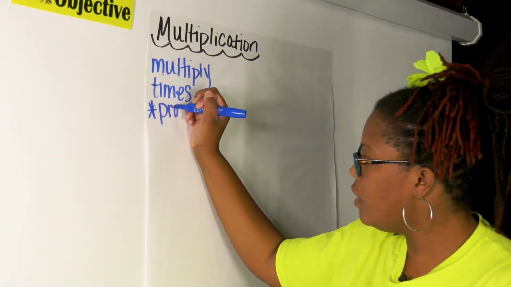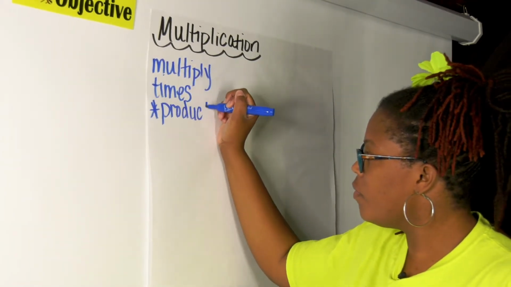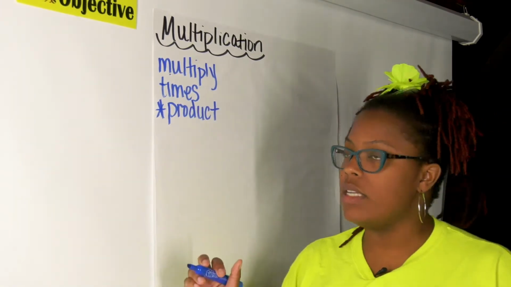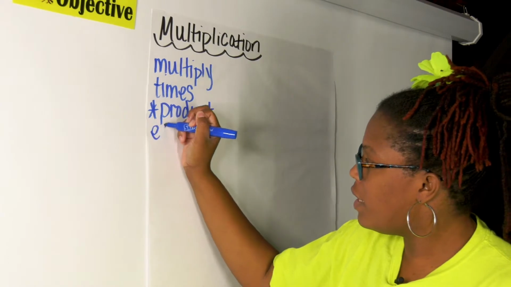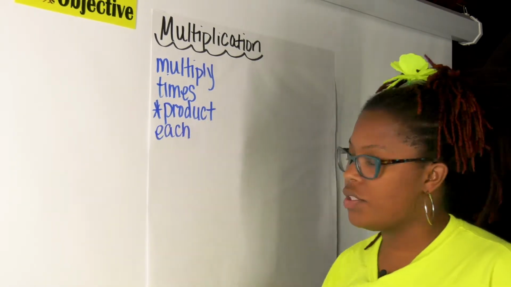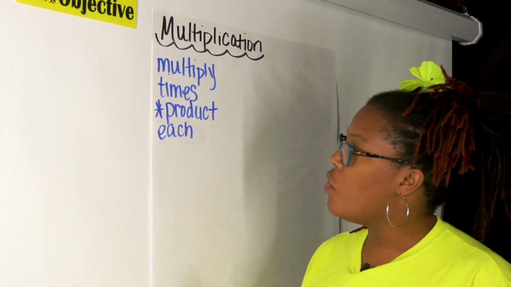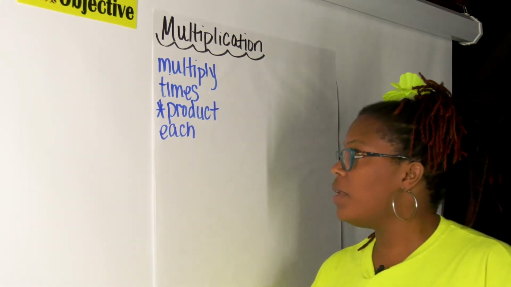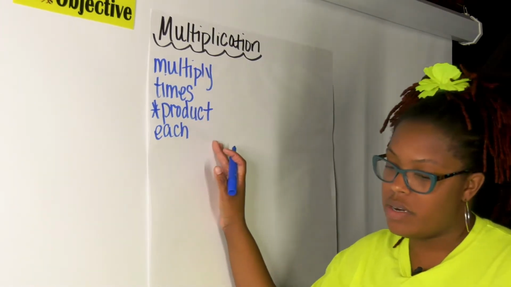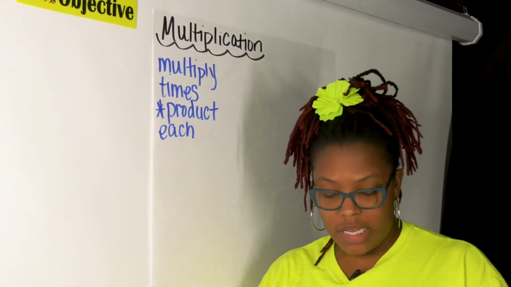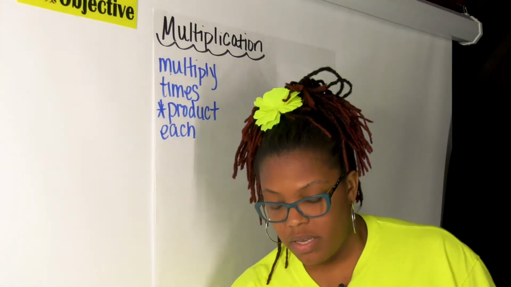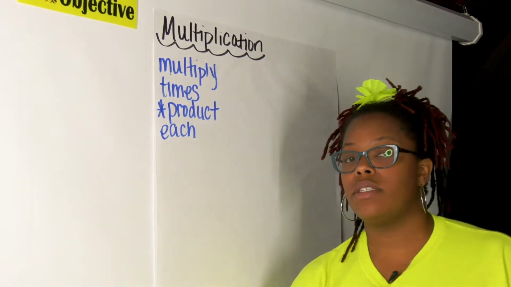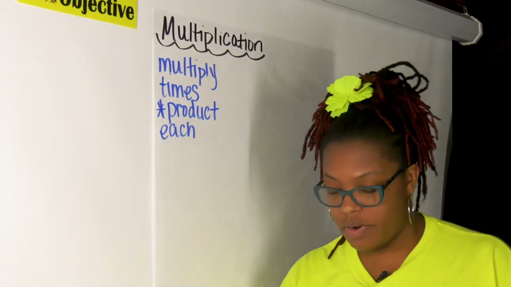Product means multiply. Some other words that you may see that mean multiply are the word each, or twice as many. That is a phrase that means multiply. So keep these words and phrases in mind when we are reading word problems or questions for a multiplication problem.